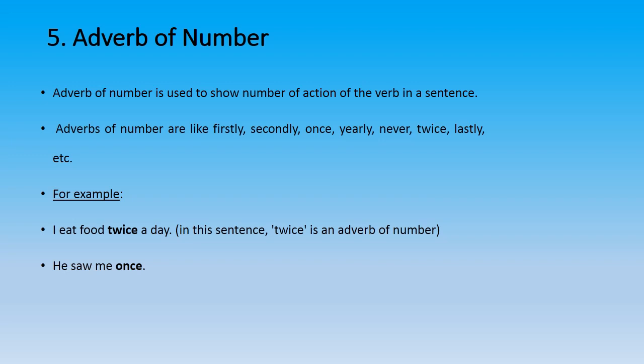Adverbs of number are like firstly, secondly, once, yearly, never, twice, lastly, etc. For example, I eat food twice a day. In this sentence, twice is an adverb of number. Similarly, he saw me once. Here, once is used as an adverb of number.